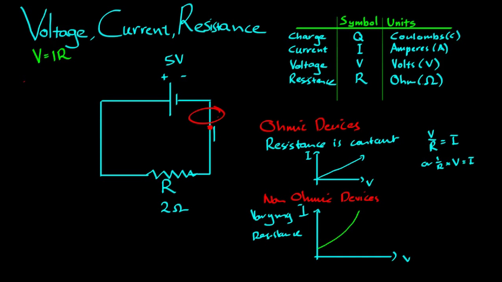Oops, sorry, I think they're all supposed to start from down here, like this, or like this, or like this. And what it's basically telling me is that the gradient of these lines is not staying the same. So 1 on R is not staying the same, therefore R is not staying the same. So when you have a varying resistance, you get weird, curvy V versus I graphs. So that's the difference between an ohmic and a non-ohmic resistor.